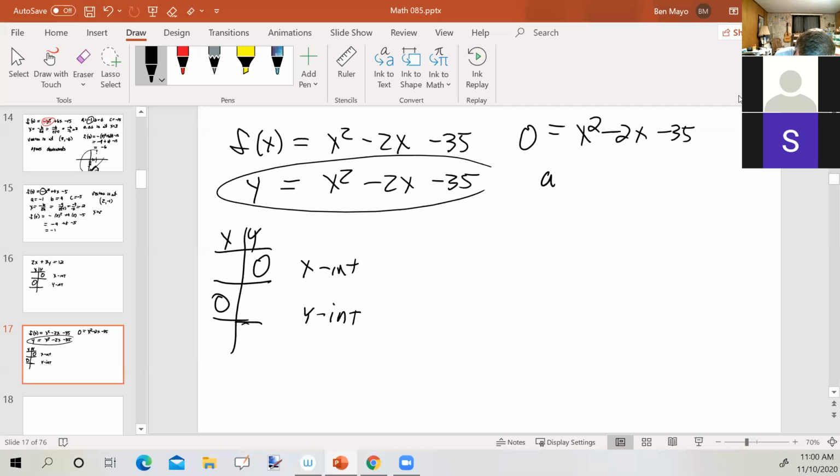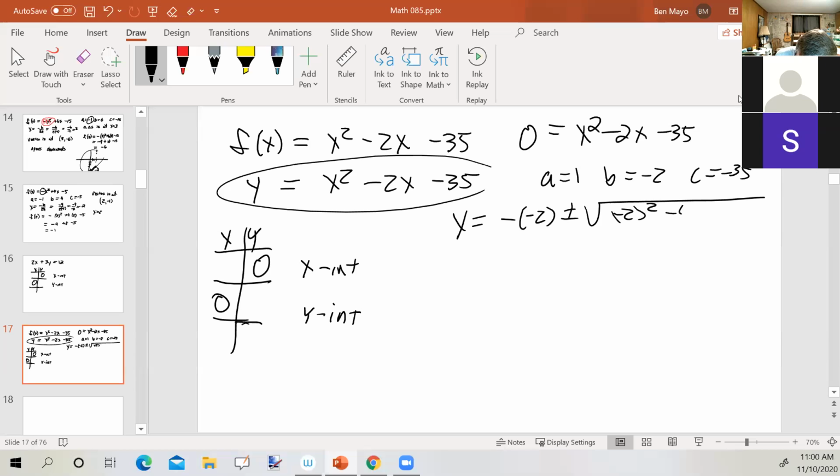So let's see, we've got A is 1, B is -2, and C is -35. So x equals -b plus or minus the square root of b squared minus 4ac all over 2a.